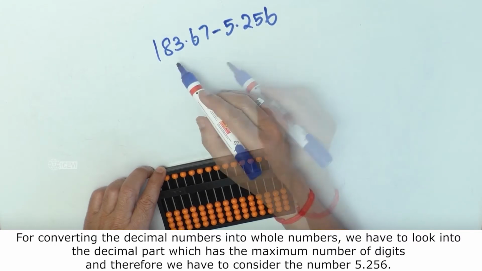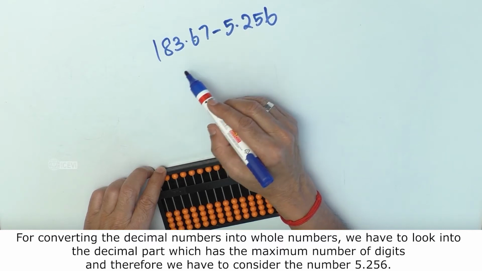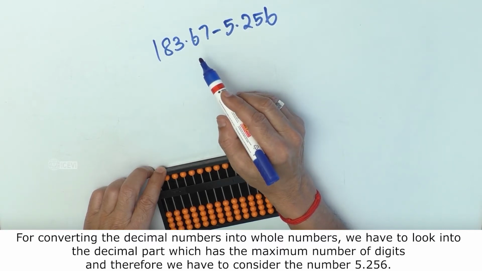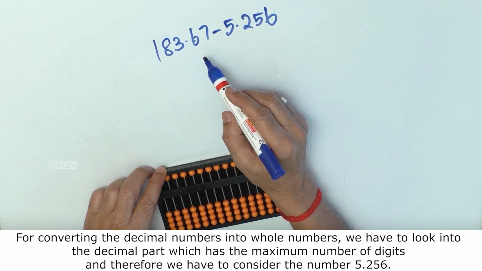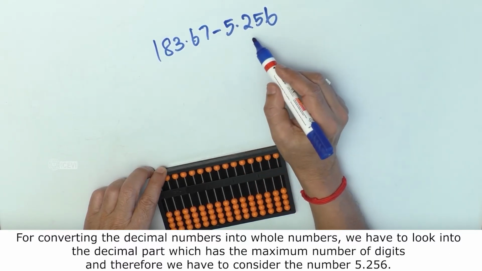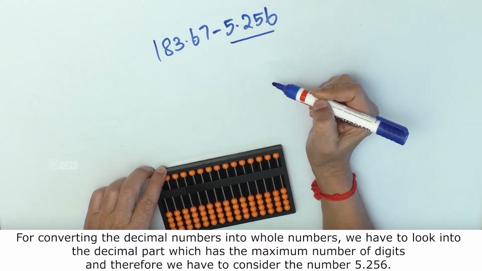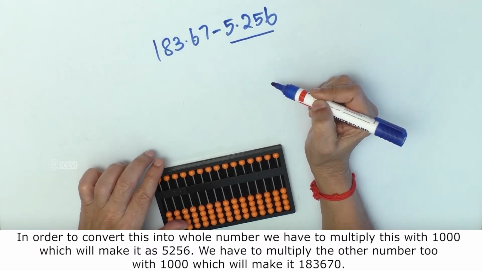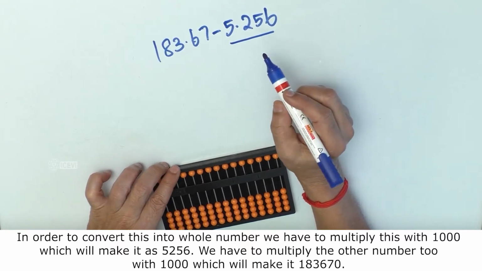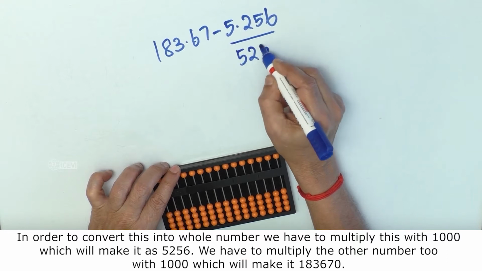part too. For converting the decimal numbers into whole numbers, we have to look into the decimal part which has the maximum number of digits, and therefore we have to consider the number 5.256. In order to convert this into a whole number, we have to multiply this with 1000, which will make it 5256.